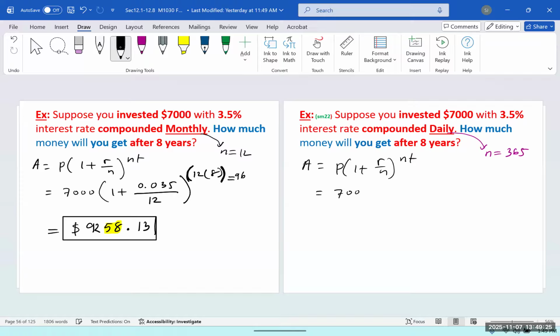So principal is 7,000 times 1 plus 0.035 divided by 365 to the power 365 times 8. How much money are you going to get? What do you assume? Less than 58 or more than 58? More?